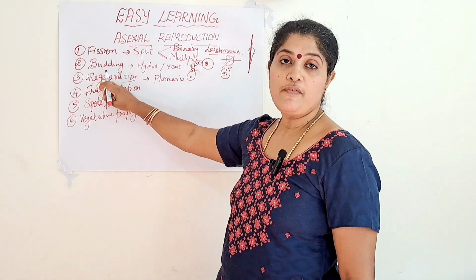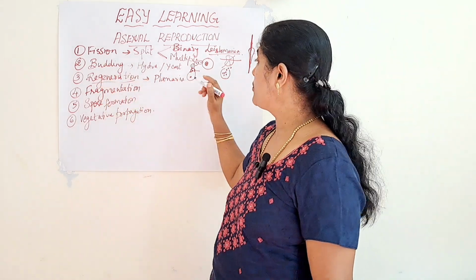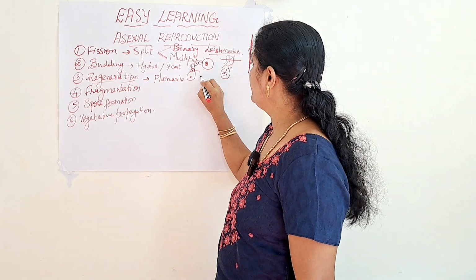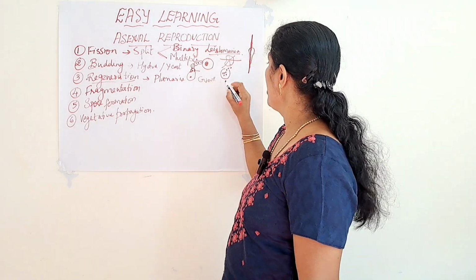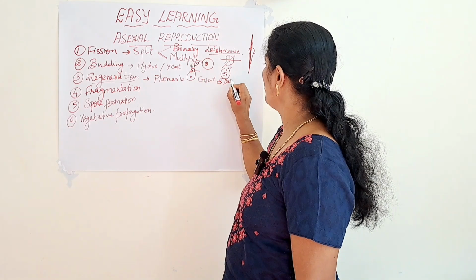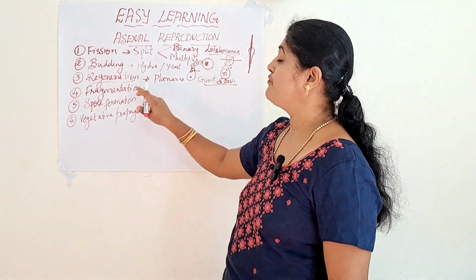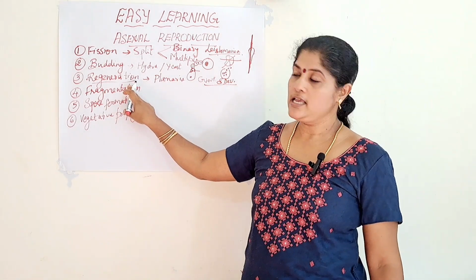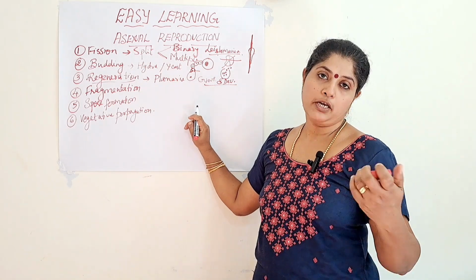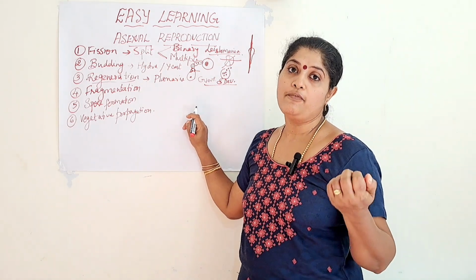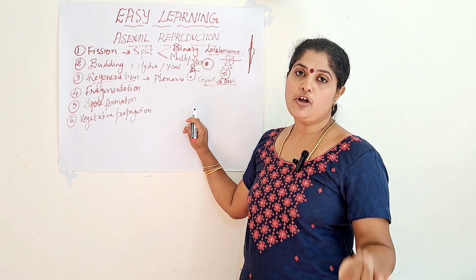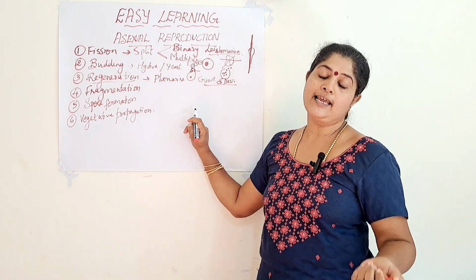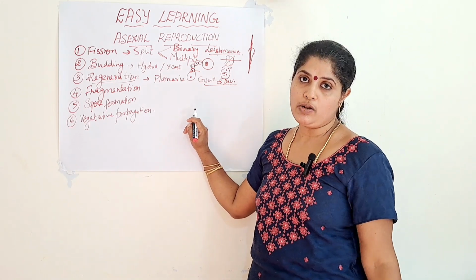This method of asexual reproduction undergoes the process of growth and development. Due to growth and development only, the process of regeneration takes place. If a particular body part of an organism has been cut, that cut body part undergoes cell division, and then a ball of cells is formed.